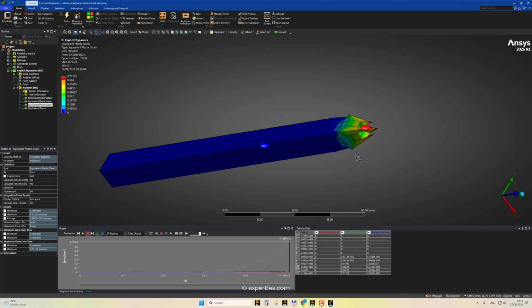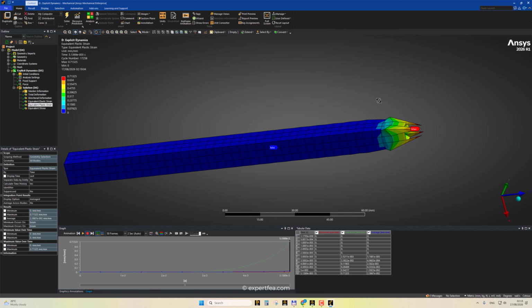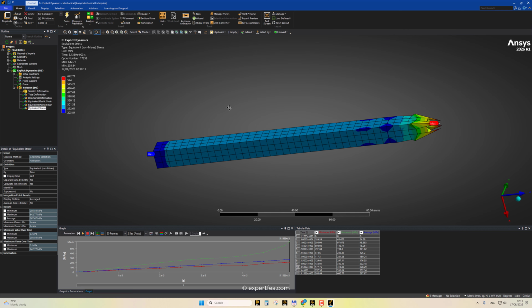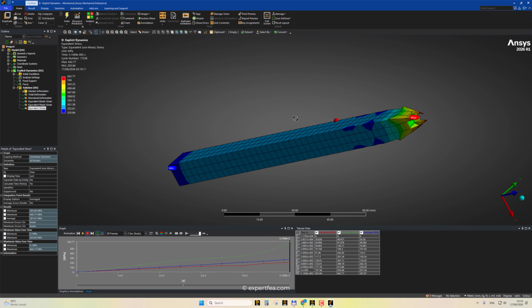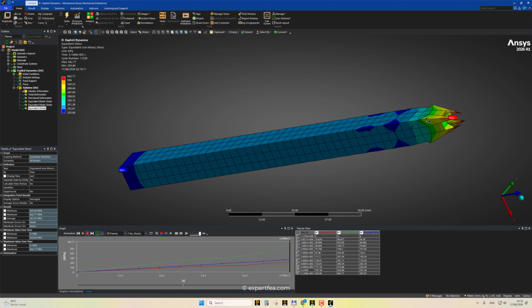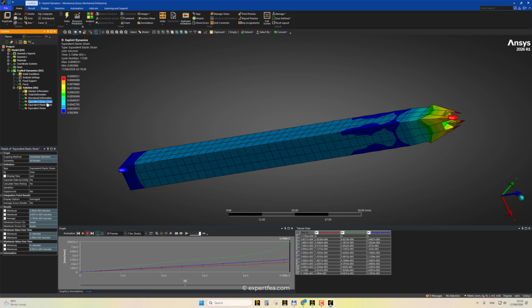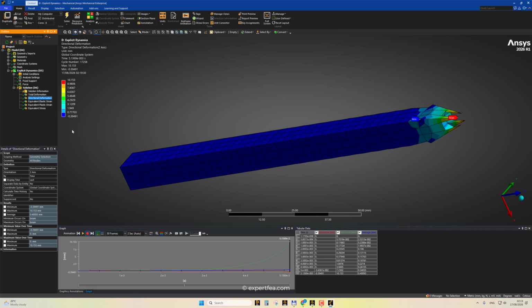There is a plastic strain, but only localized here. Very high strain localized here due to the very short, very fast application of the force. Instead, we would like to have more plastic strain, elastic strain, and directional deformation in the entire beam.